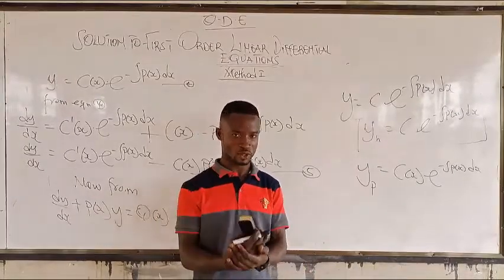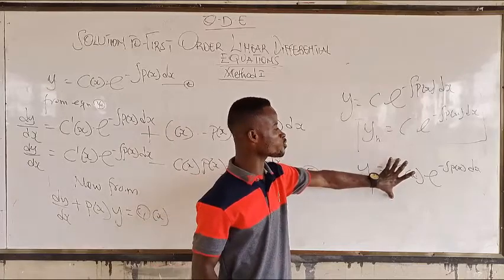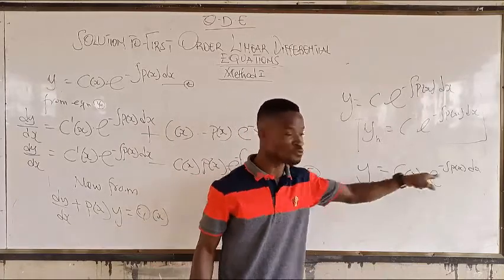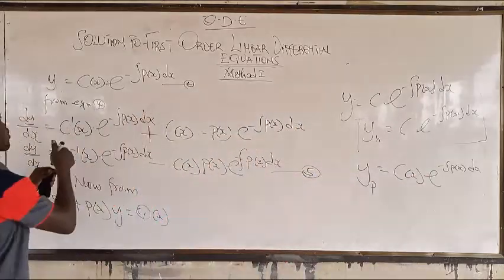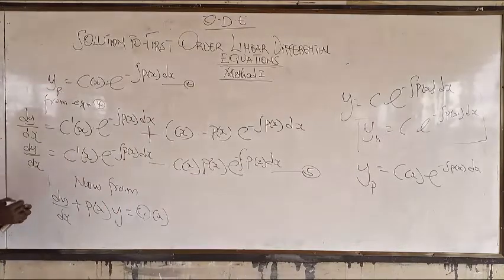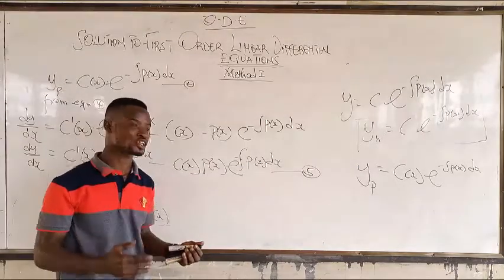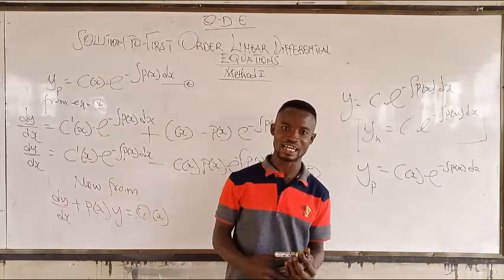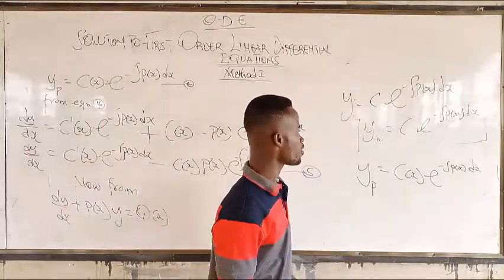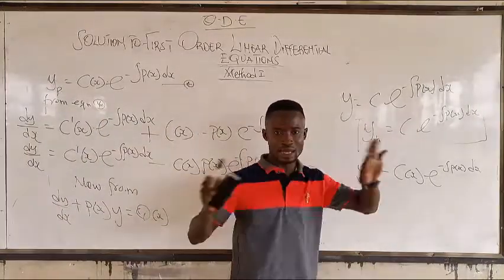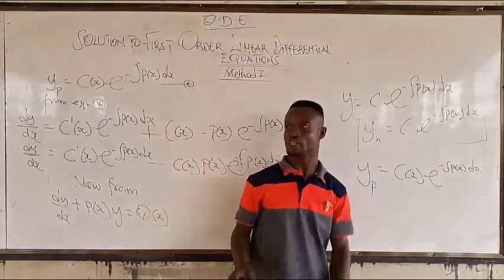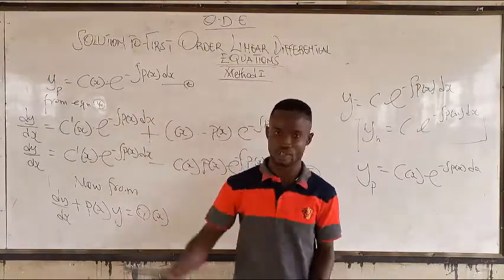And this is what you're going to name equation 4. So this equation 4 is supposed to be subscript p. And then you go back to your notes and do that correction for me.